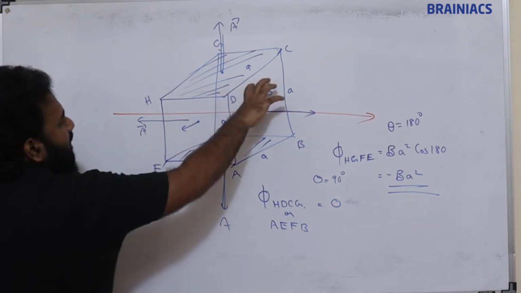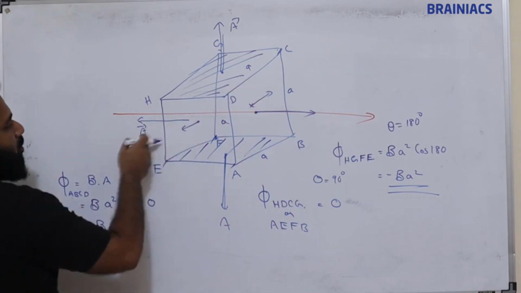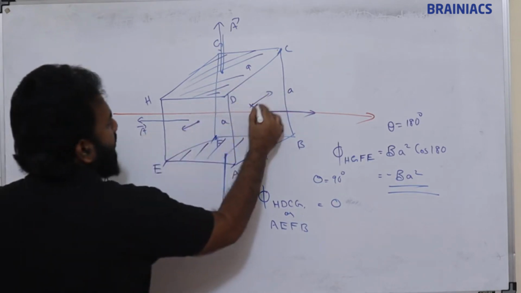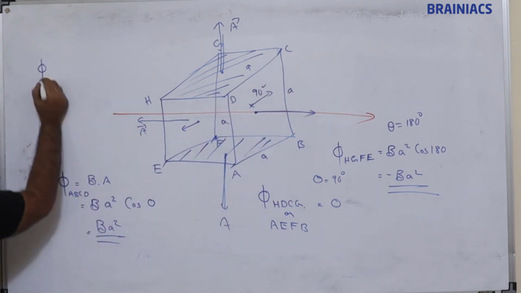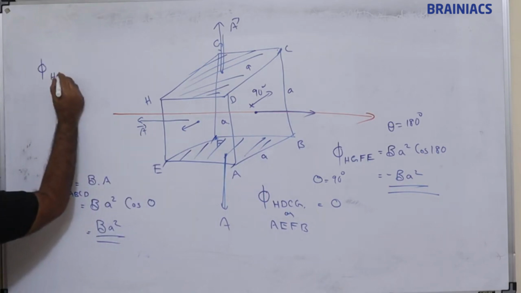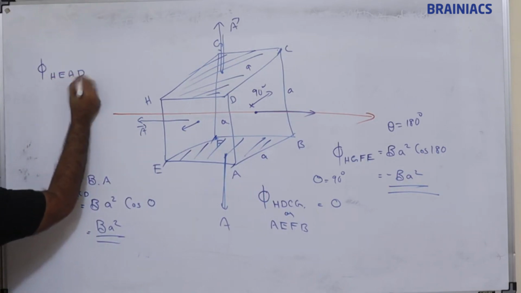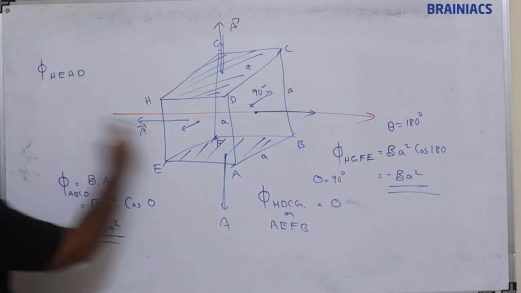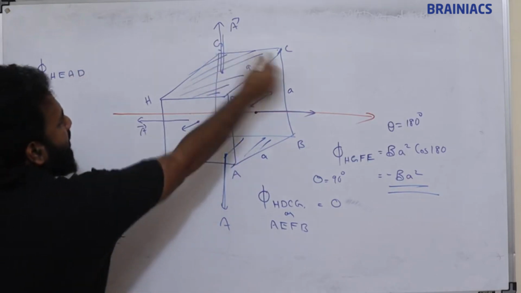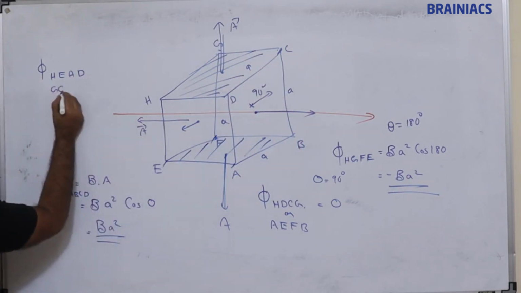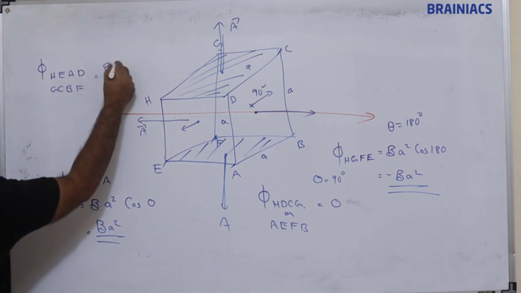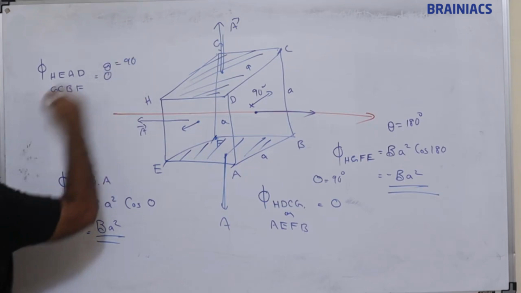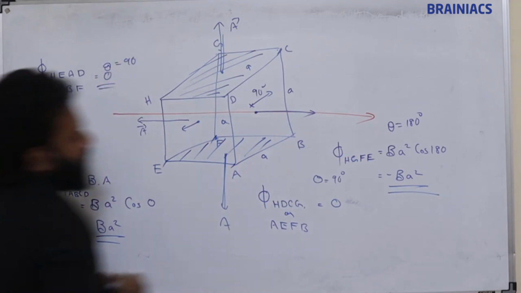What about this face and the other face? This is also 90 degrees, this is also 90 degrees. The face HEAD, or here GCBF, that also has theta equal to 90 degrees, so this is going to give 0.